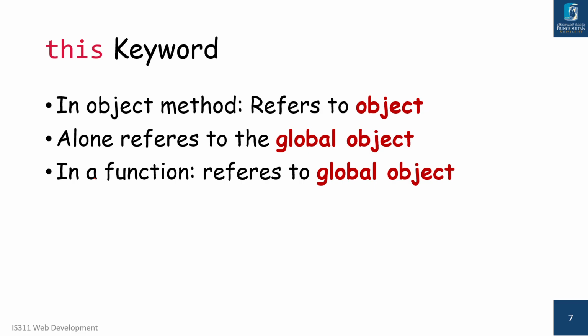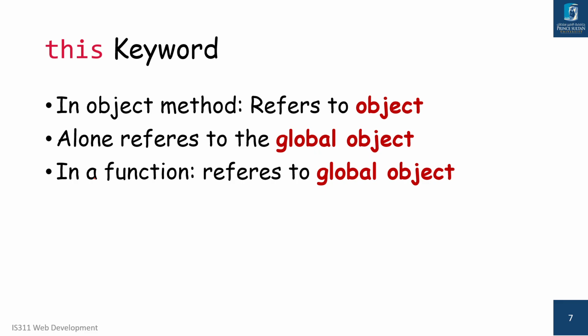We also have a this keyword, just like in Java. In JavaScript, if we use this inside an object, it will represent the current object in which we are using it. Okay. So inside an object, this refers to that object, and alone it references the global object.